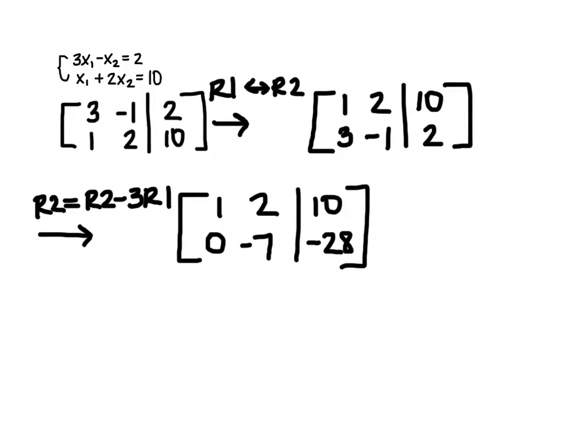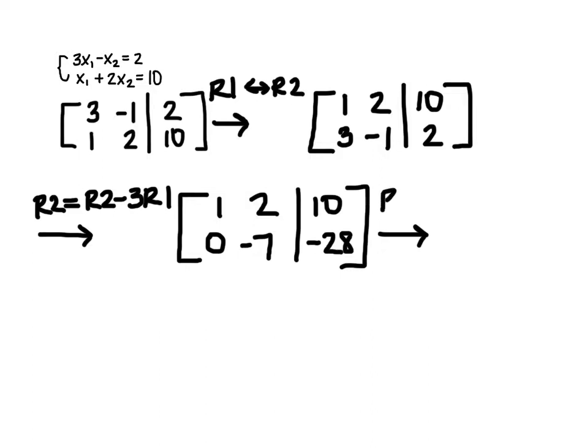Now I'm one step closer to getting that identity matrix. I have 1, 0 going down. The next thing I notice is that I have a -7 right here, and I want to transform that into a +1. So the next row operation is to multiply the whole second row by -1 over 7. That will give me the +1 that I need.